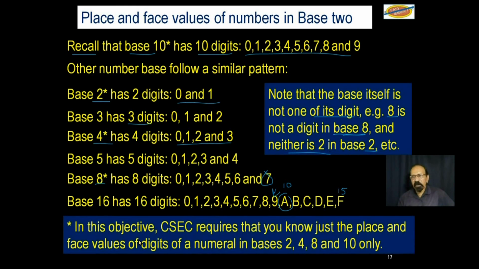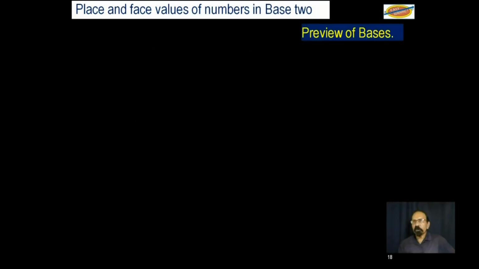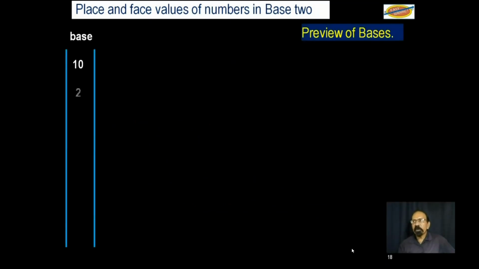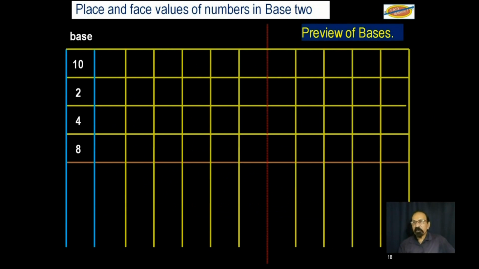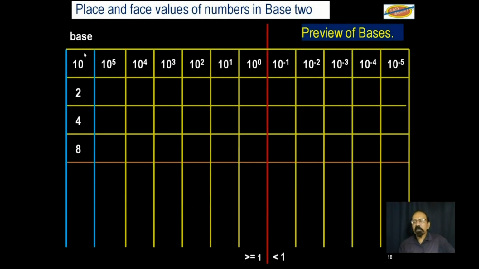Now, in this objective, CSEC requires that you know just the place and face values of the digits of a numeral in base 2, base 4, base 8, and base 10. We are dealing now with base 2. So, a preview of bases and place values. In base 10, this first position here is 10 to the 0, and so on.